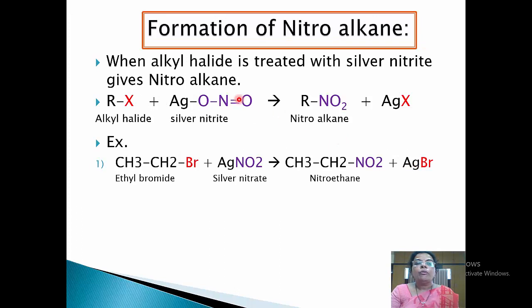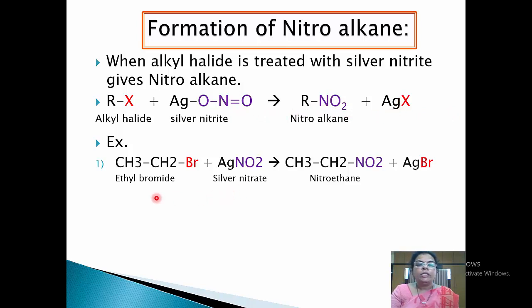Now next, formation of nitroalkanes. When alkyl halide is treated with silver nitrite, that is AgNO2, it gives nitroalkanes. The general reaction is alkyl halide, RX, treated with silver nitrite, AgNO2, gives nitroalkane, that is RNO2, plus silver halide, that is AgX.